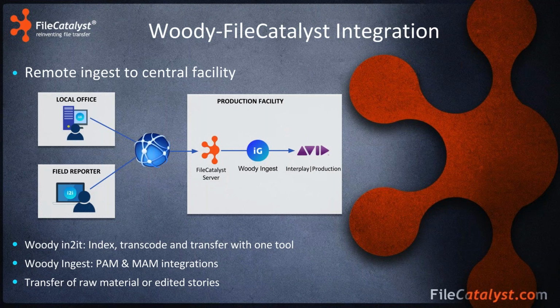And the local offices or field reporters need to transmit either raw material or edited stories to the post-production facility, of course, including media, but also metadata to be transferred. I will show you how it works, and I think it will be better than the drawing. So, Elton, if we can start a demo, thank you.